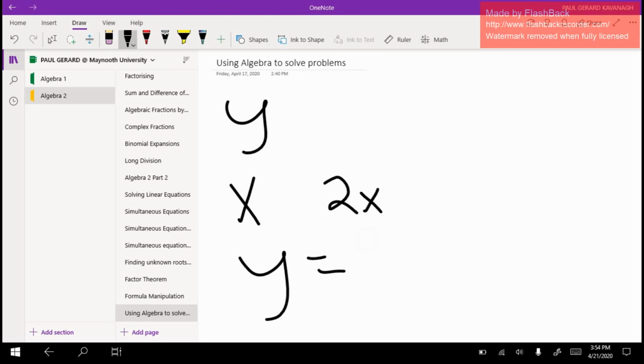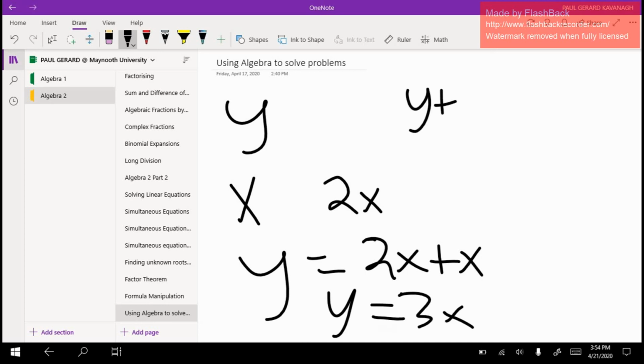So y is equal to 2x plus x. If he's twice as old as Eddie, then you're adding on x, so y is equal to 3x. And you know that y plus 10 is 65.